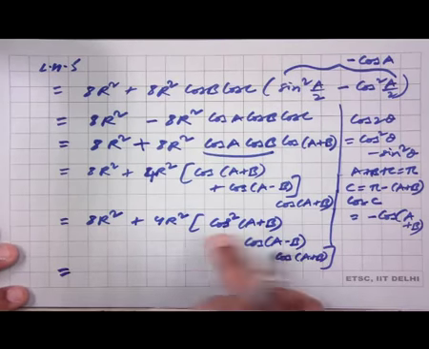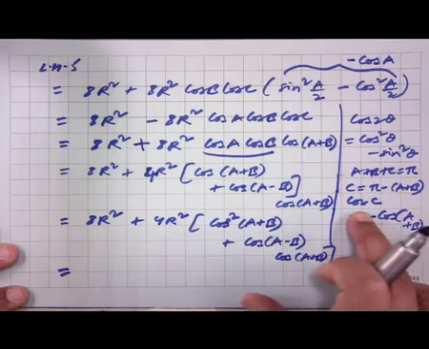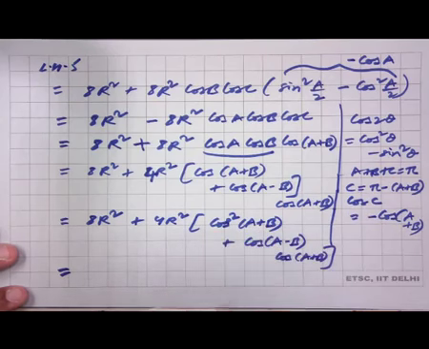But cos square a plus b is the same as cos square c. So we will replace this with cos square c.